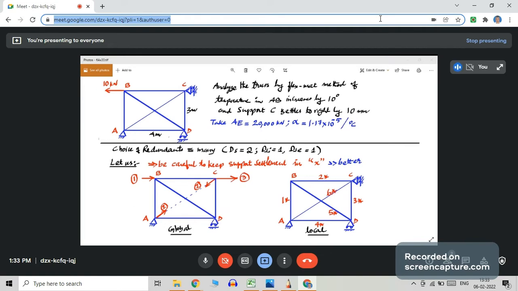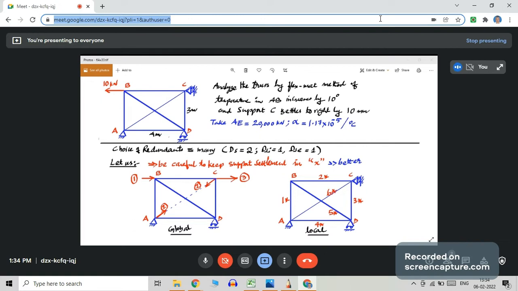So this problem, you can see the global coordinate, how we have solved this using global coordinates. We have selected one as the global coordinate for capital R, that is 10 kilonewton. Let me tell you one thing.